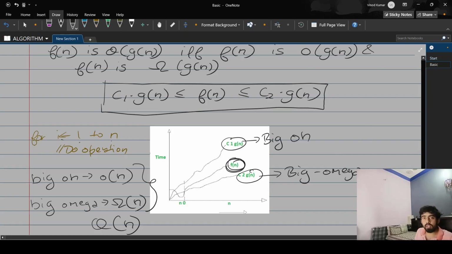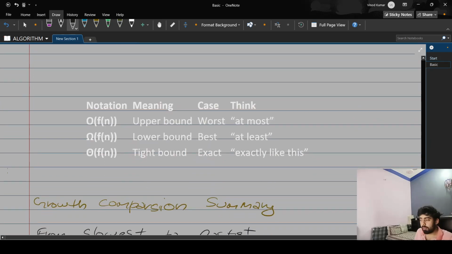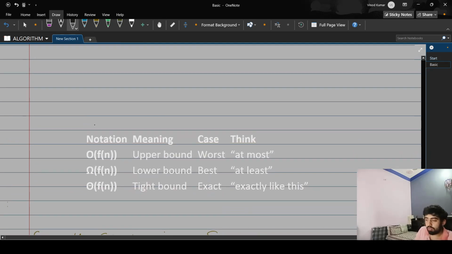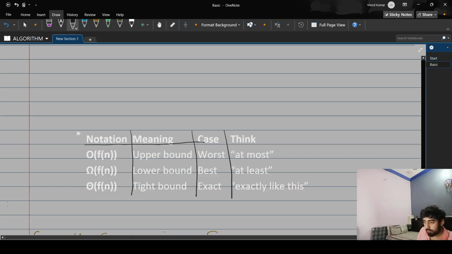Mostly we will be working with big O only. Most of the time we will be finding the worst time complexity only. And this is the table which you can refer to, to remember what these notations are.